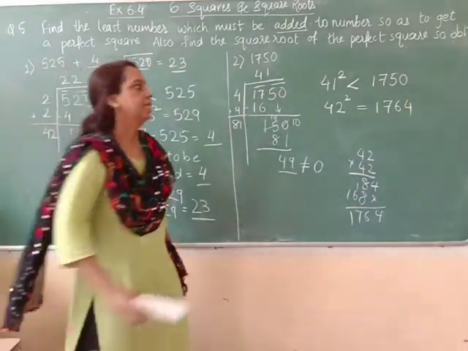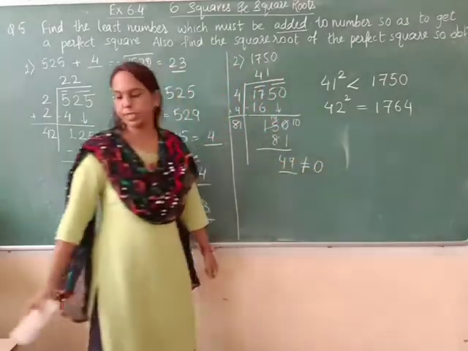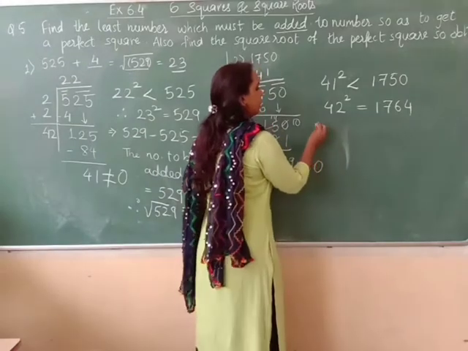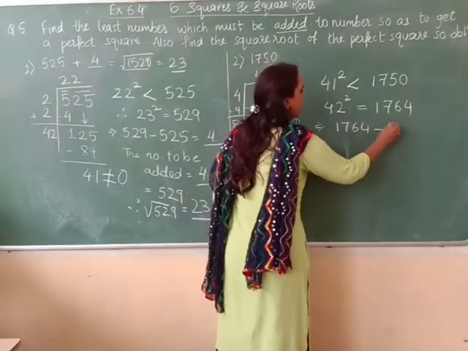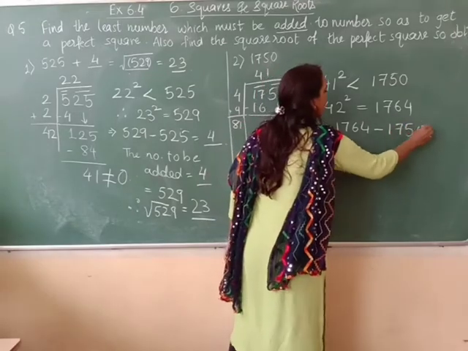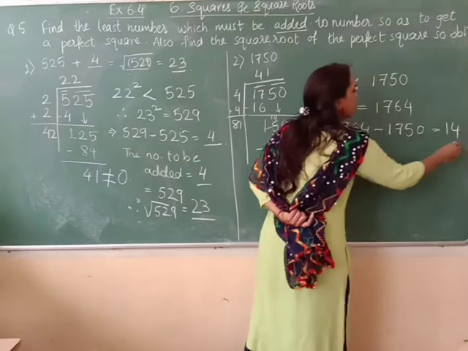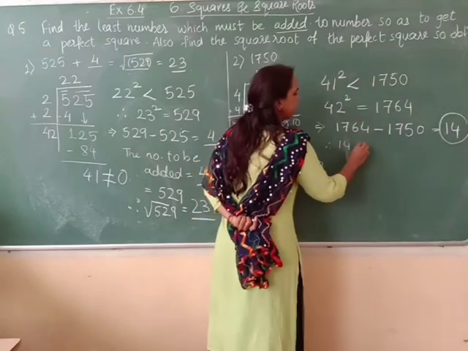Now simply subtract 1750 from 1764. So 1764 minus 1750 is equal to 14. So 14 is the required number.